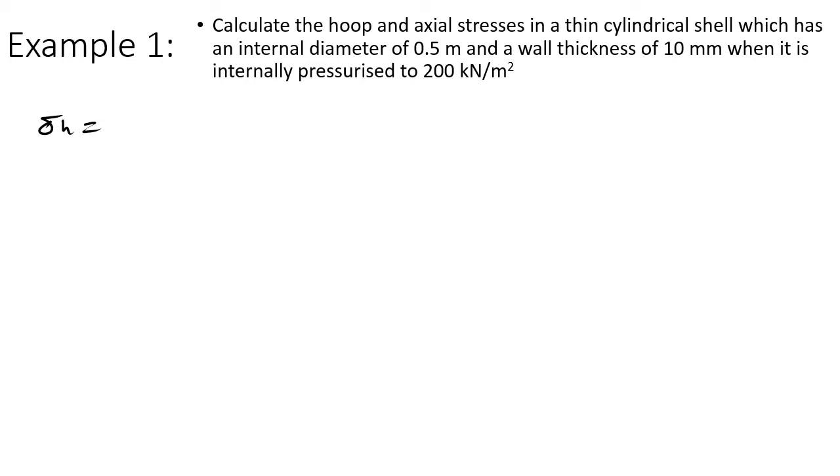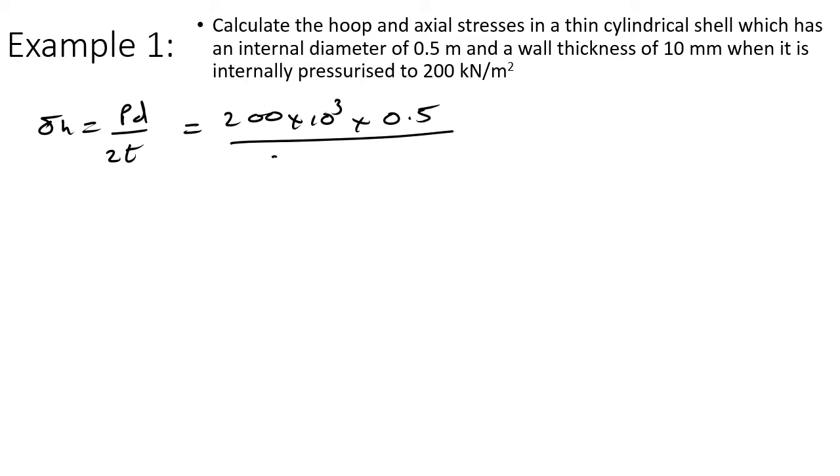So our hoop stress, remember, is P d over 2t, and in this case we've got everything that we need there, so it's 200 times 10 to the 3, our diameter is 0.5 and our thickness was 0.01. Put the numbers in there and we should get a stress of 5 megapascals.